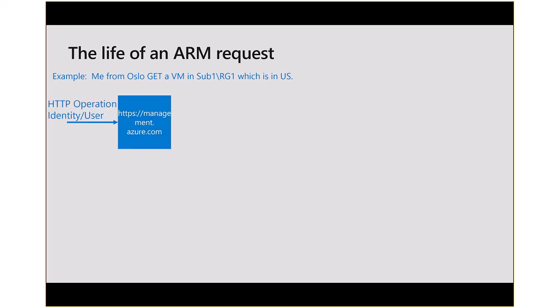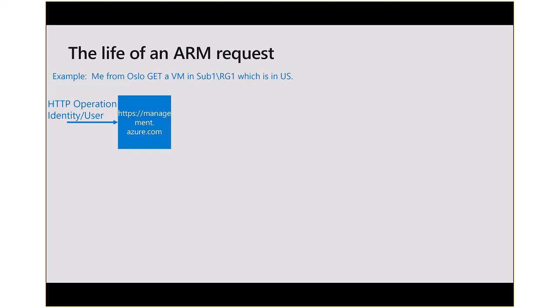So what actually happens in that case is that I, as a user, without knowing it or maybe knowingly, talk to the underlying API, to the management HTTP operation. So basically, I click in the portal, or I write a cmdlet, or I type it in the CLI. In any way, I want to connect to that VM. I want to get these resource properties. So that's what triggers the HTTP operation.